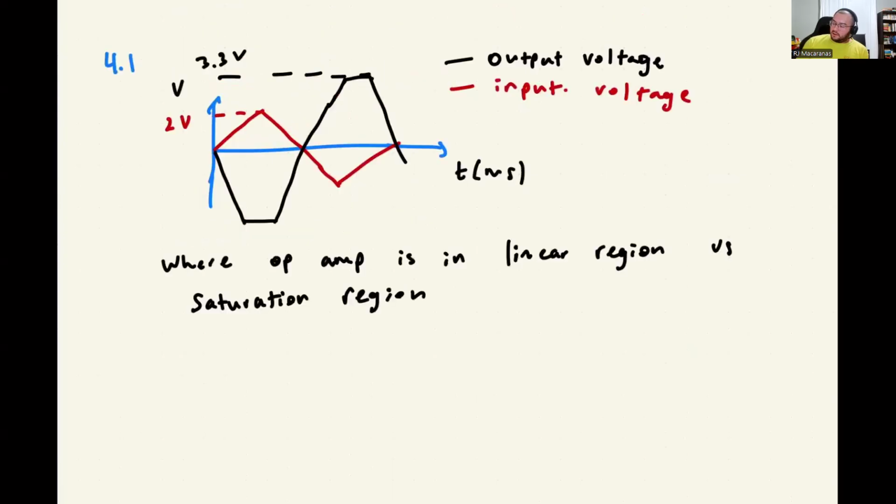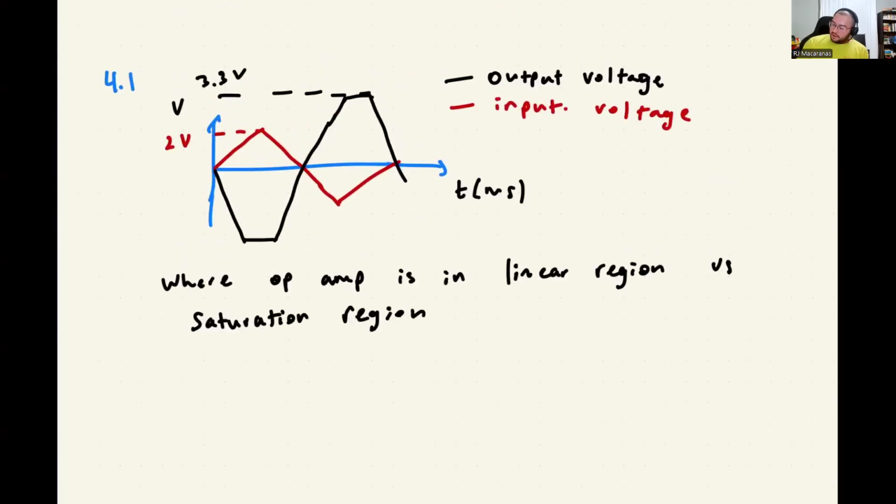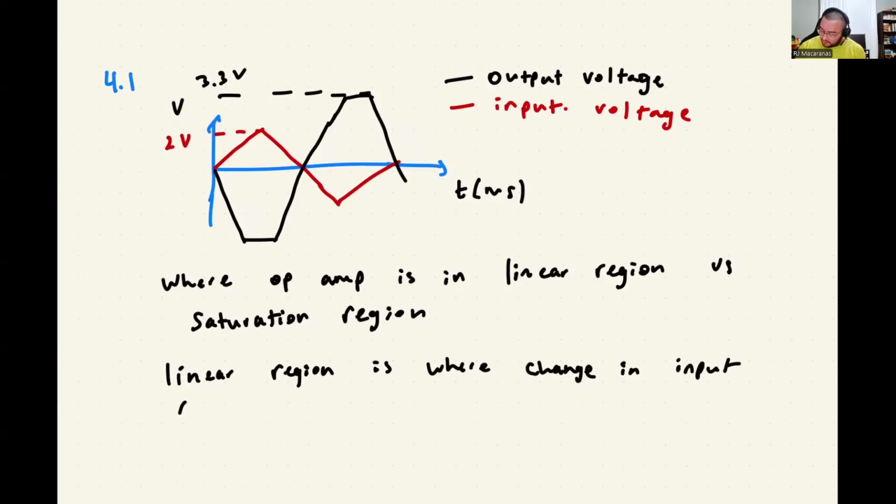As we discussed before, the linear region is where a change in the input corresponds to a change in the output. We can see that right here.